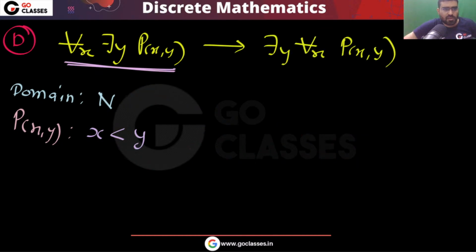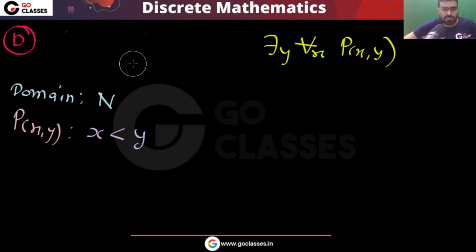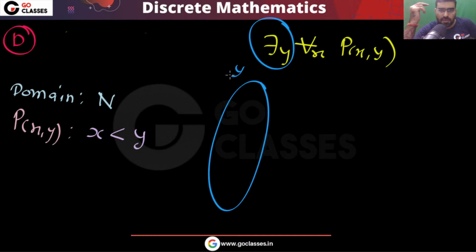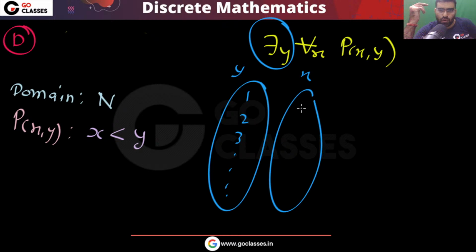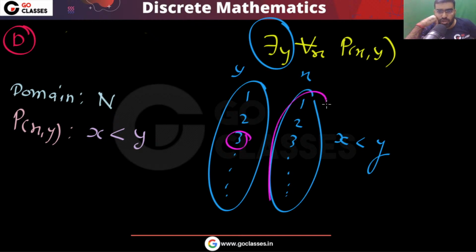Now let's talk about only the right-hand side. Can I say there is some natural number y such that for every natural number x, x is less than y?